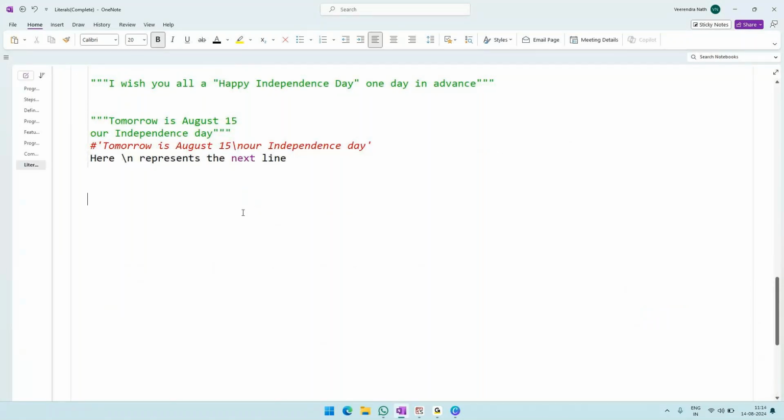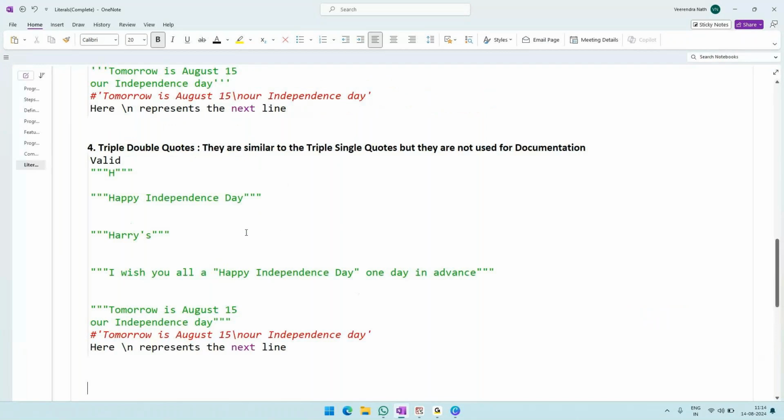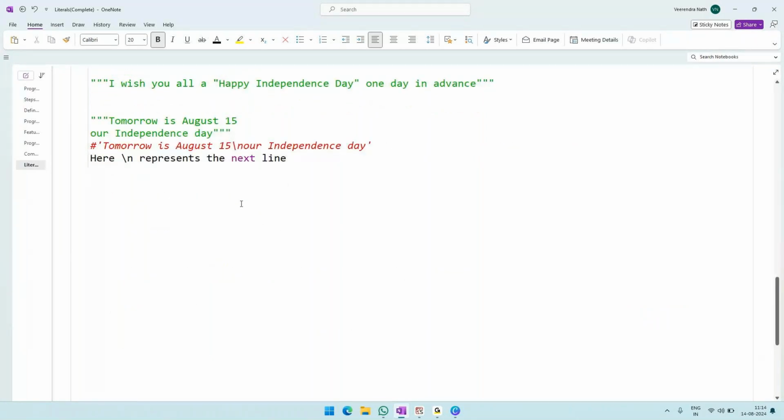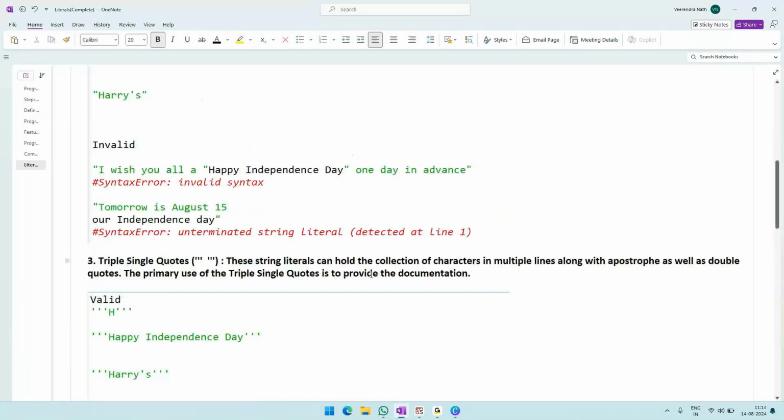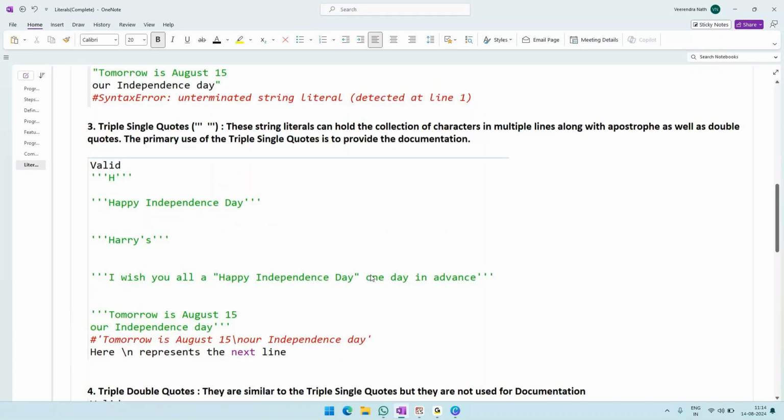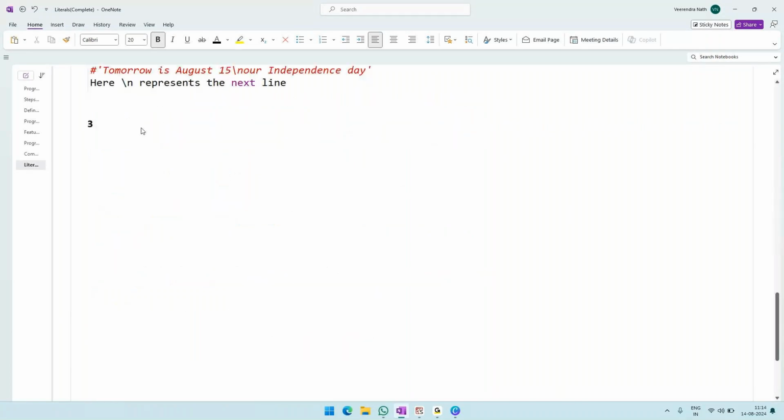Okay, next we are going for the third style, the Boolean literals.